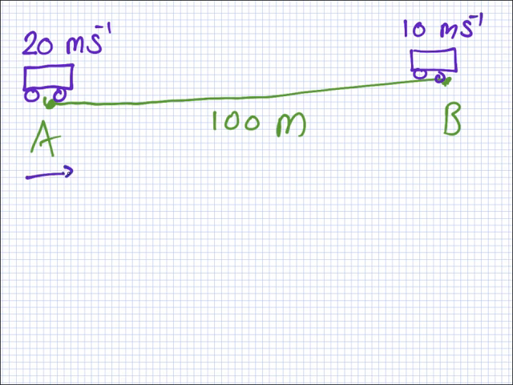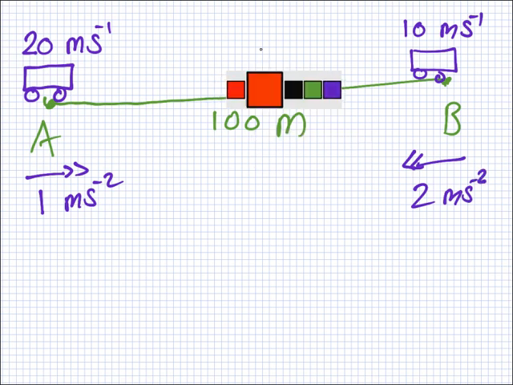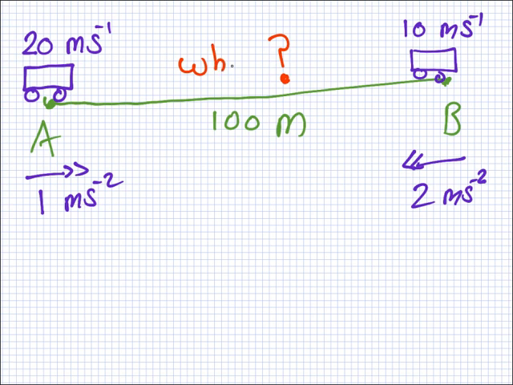This one has an acceleration of 1 meter per second squared, and this one is accelerating to the left at 2 meters per second squared. And my question is, where do they meet?